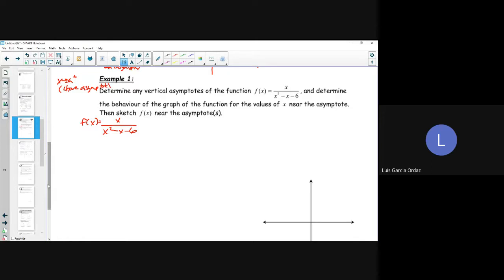So we have f of x is also equal to x over (x minus 3)(x plus 2), which means my f of x is undefined at x equals positive 3 and x equals negative 2. Which means that I have vertical asymptotes at x equals negative 2 and x equals 3.